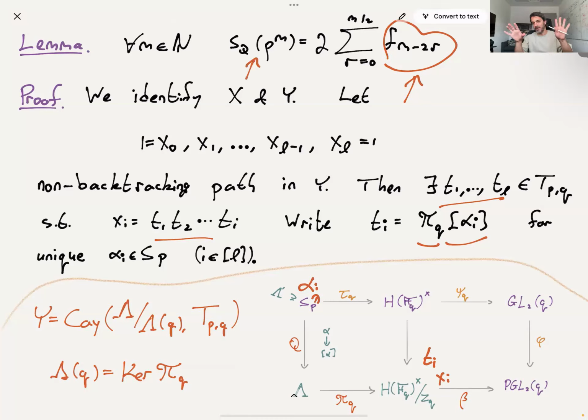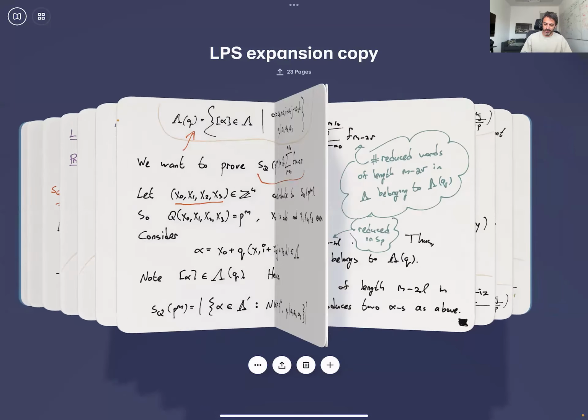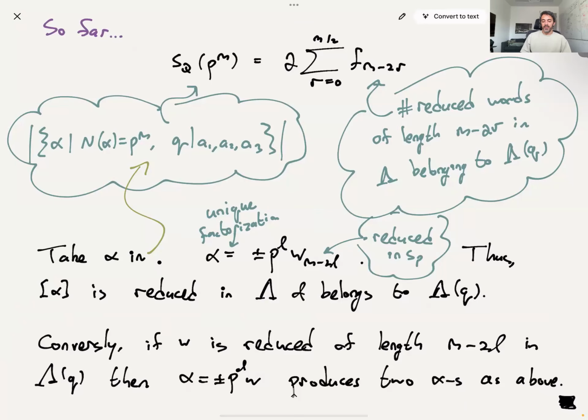So now everything is in terms of quaternions, and we just have to look at it and see why we count the same thing. There are no solutions to equations and non-backtracking random walks; it's all now of the same type. So to recap what we proved, we want to prove this.